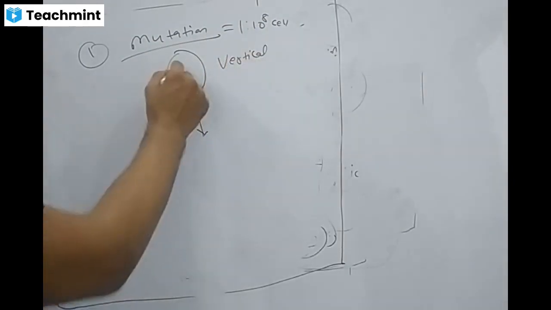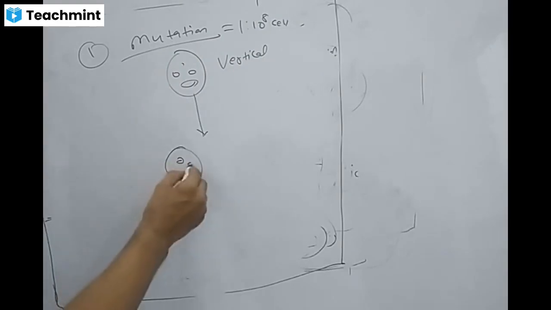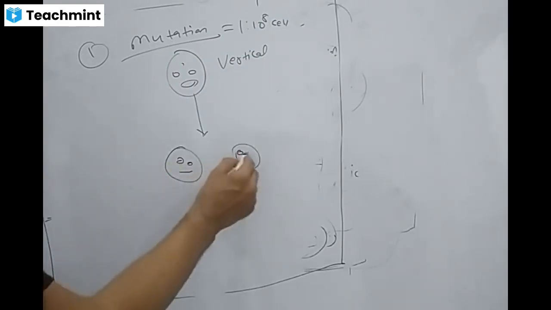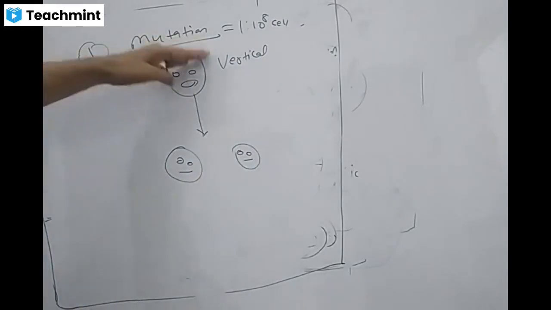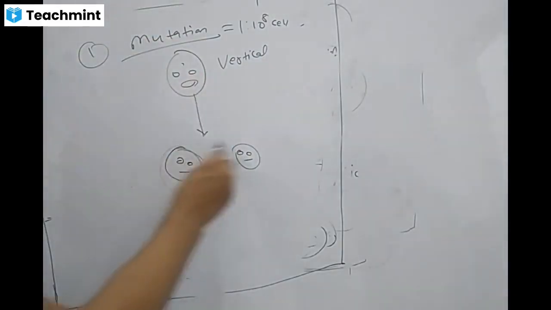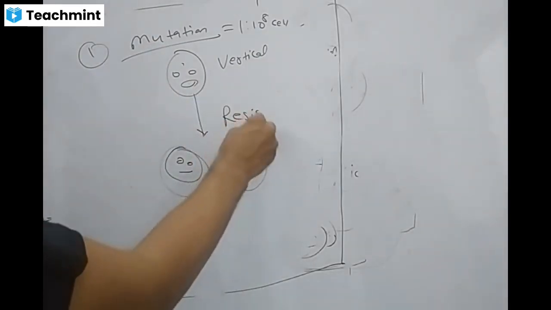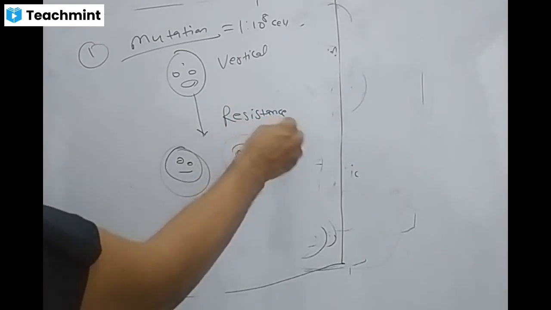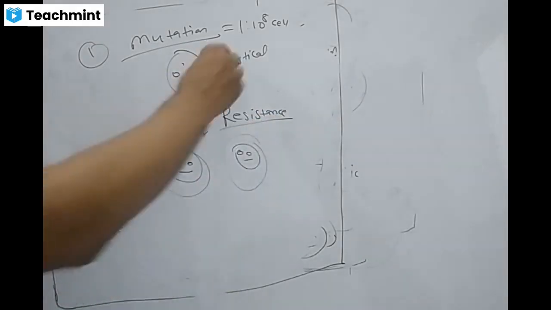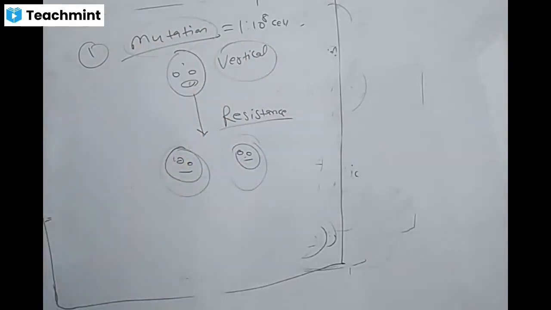This is the parent cell, and these two are the daughter cells of the bacteria. So from the parent to the daughter, this mutation transfers the resistance. The resistance which is vertical in nature, parent to daughter cell, is because of mutation.